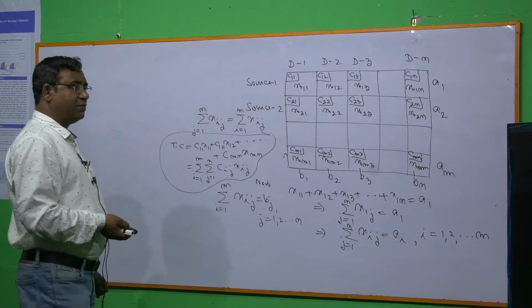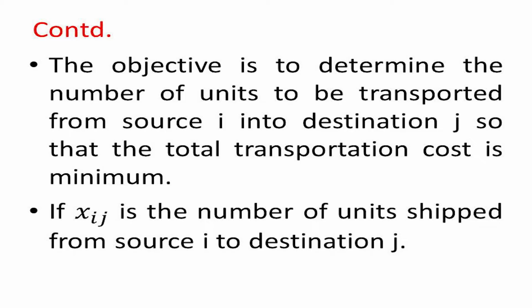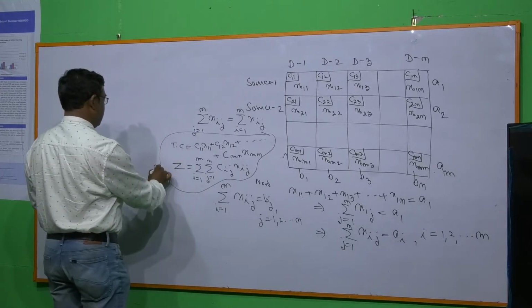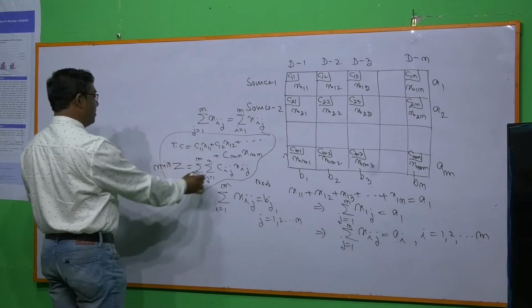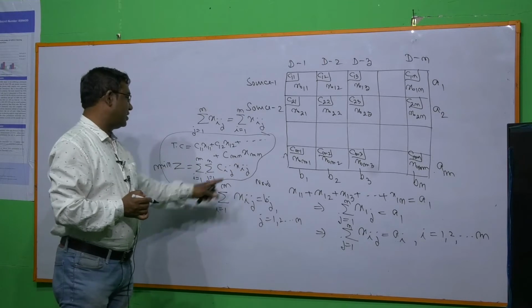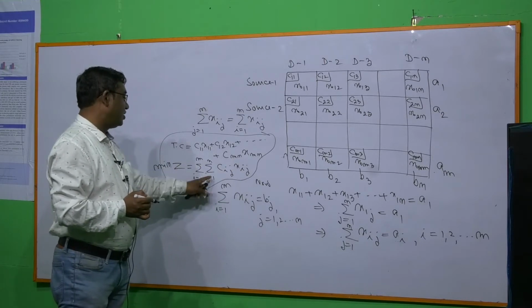So the mathematical model is to find Xij in order to minimize Z. So we have to minimize Z equal to the double summation Cij Xij, i goes from 1 to m, j goes from 1 to n.